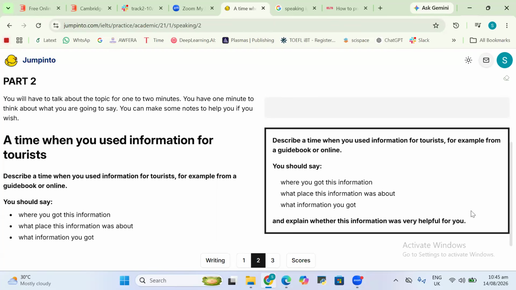This plan was successful because of the information that I got from that website. In that website, each and everything was explained in detail, and because of that, our tour became very memorable and well planned.